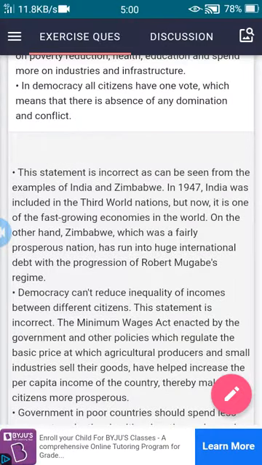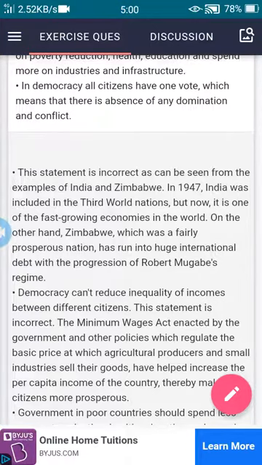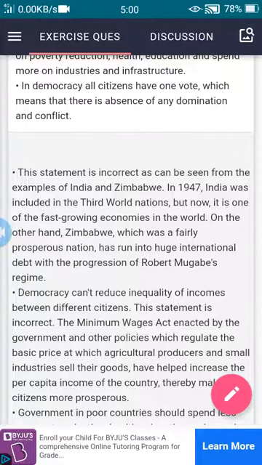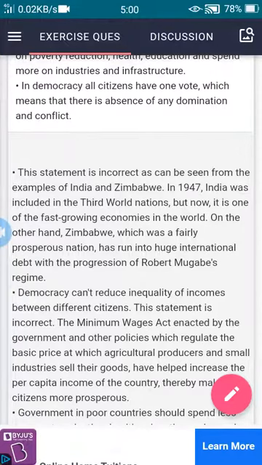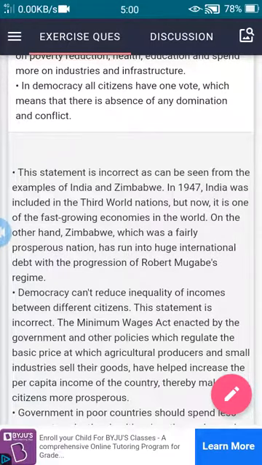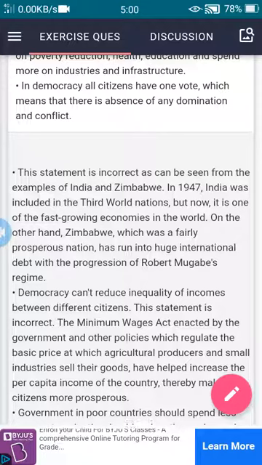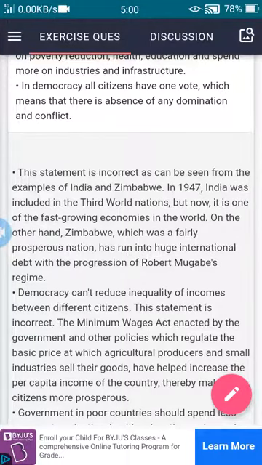This statement is incorrect, as can be seen from the examples of India and Zimbabwe. In 1947, India was included in the third world nations, but now it is one of the fast growing economies in the world.